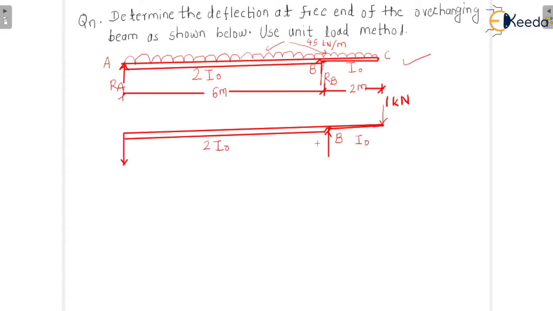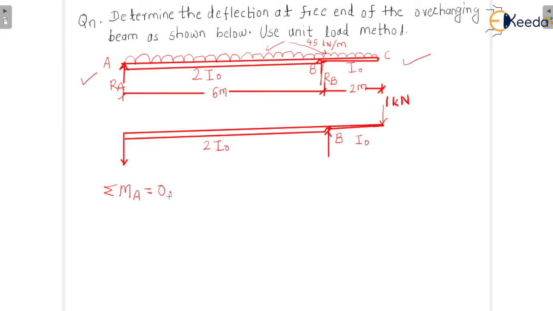Okay, now when we consider this first part of the beam, let us calculate the support reactions. We know the equilibrium equations. Summation of forces in x direction is 0, summation of forces in y direction is 0, and summation of moments about any one support is equal to 0.